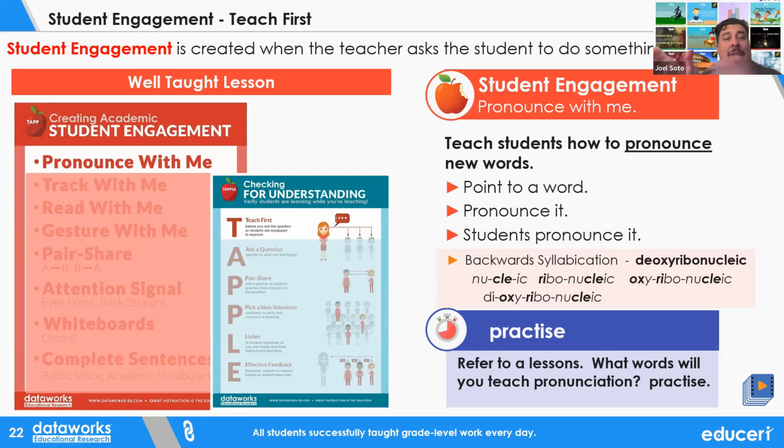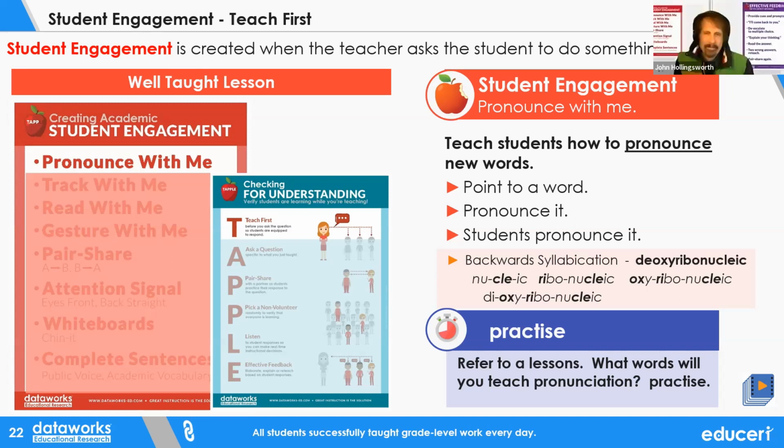Okay. John, as you know, I'm mostly focused on English language development, ELD, or English learners. For me, when I see pronounce with me, it's high leverage academic words with multiple syllables, and of course, words with multiple meanings.